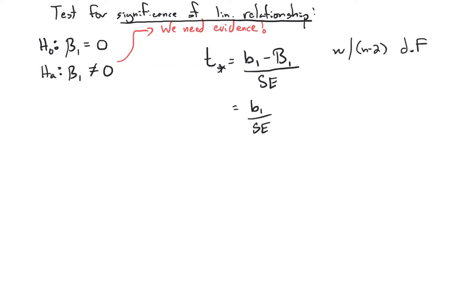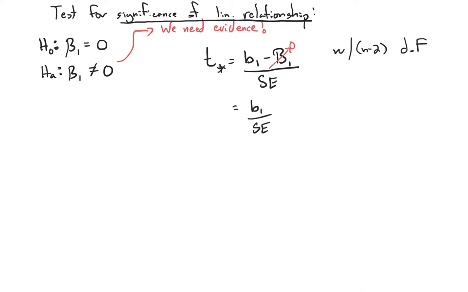So our test statistic is just the same as before. It is how many standard errors is our sample slope away from the hypothesized slope. And here, well, our hypothesized slope is 0, so we can just kind of get rid of that.